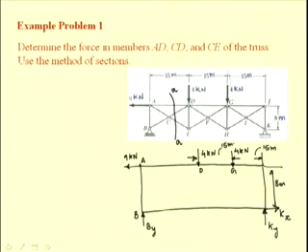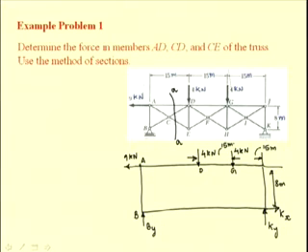So, if we consider this free body diagram, and since we are going to use this section ACB to determine the forces, we are interested in determining this reaction By.